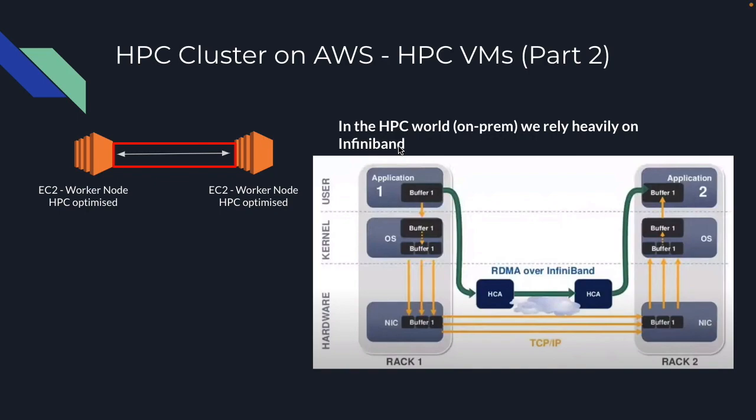If you talk to someone from the HPC world, they are almost emotionally attached to this technology called InfiniBand. Okay, so let me explain the problem it solves first. If you have application number one on the left-hand side, and application number one needs to send data to application number two, the only possible way without InfiniBand is that application number one sends a request to the operating system and says, this is the data I need to send.